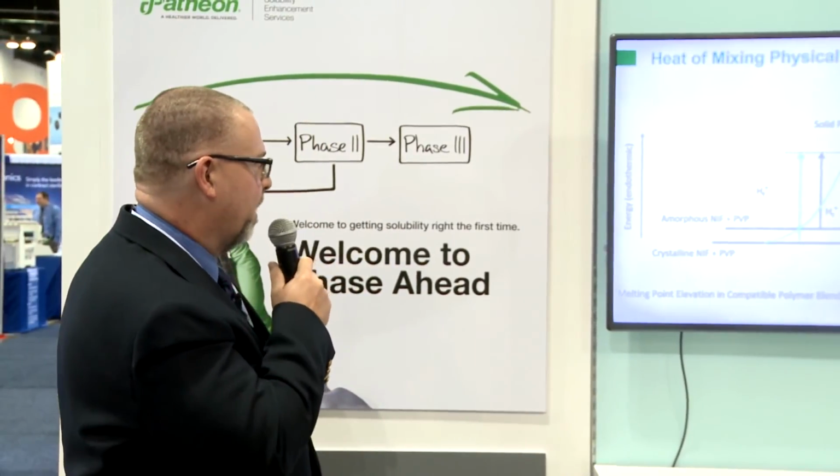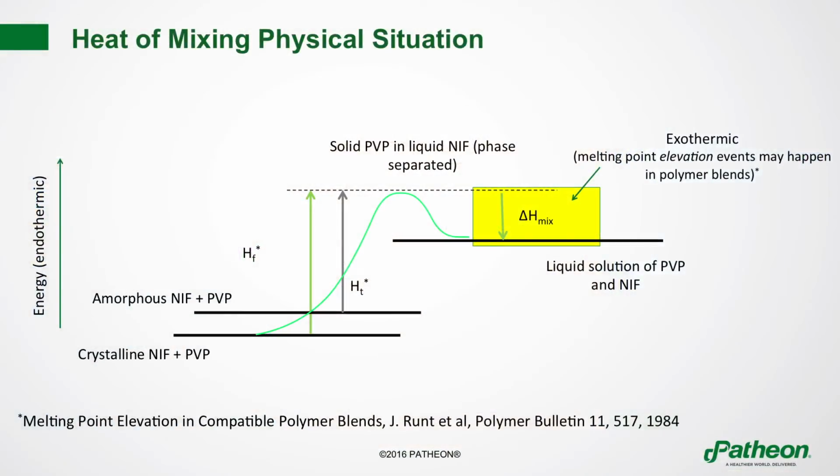So what we're trying to simulate is this energy plot, where you see crystalline nifedipine and PVP at some low energy level. You add in your energy. If it's amorphous, you would add in your transition energy heat; otherwise, your heat of fusion. And then you would see a heat of mixing.